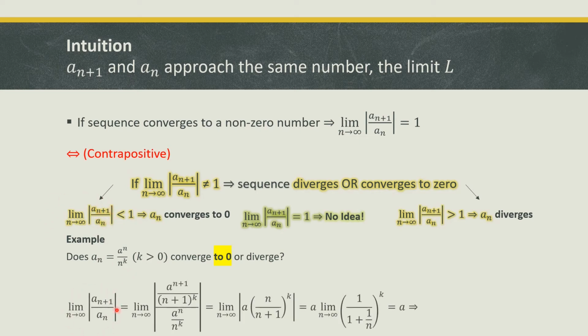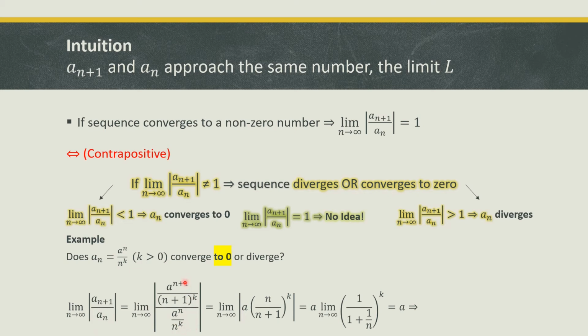This limit here, the numerator is just the n plus first term, and that's just a to the n plus 1 over n plus 1 raised to the k, and the denominator is just as is, a to the n all over n to the k.